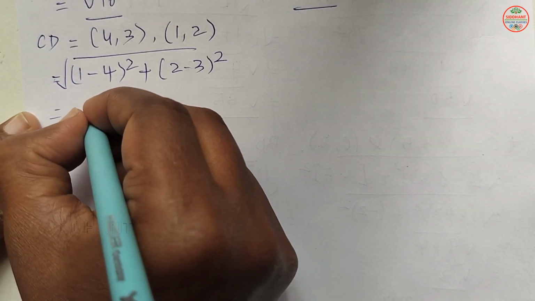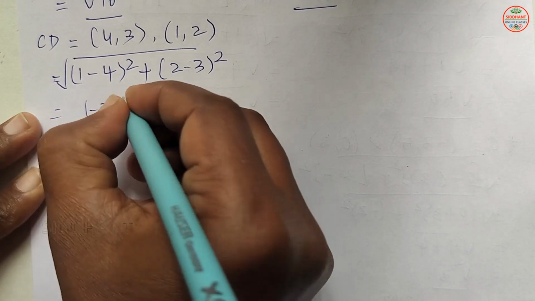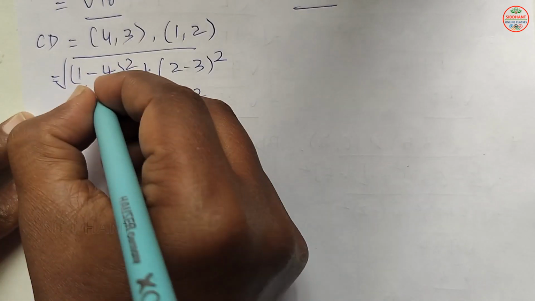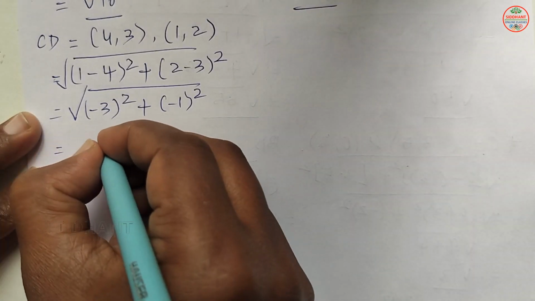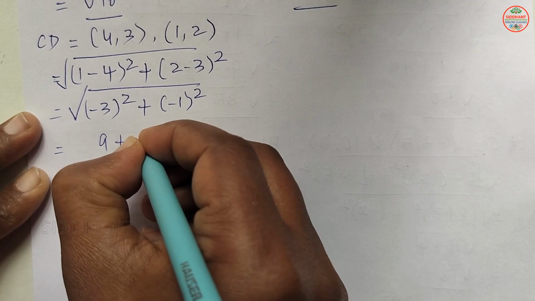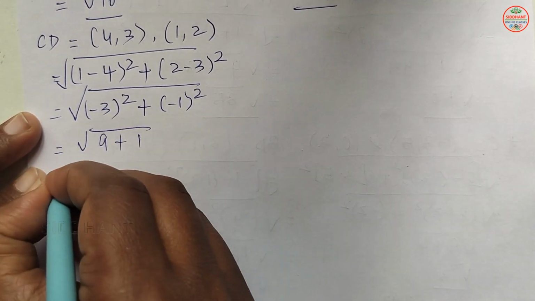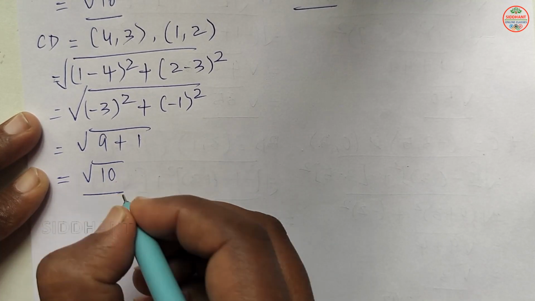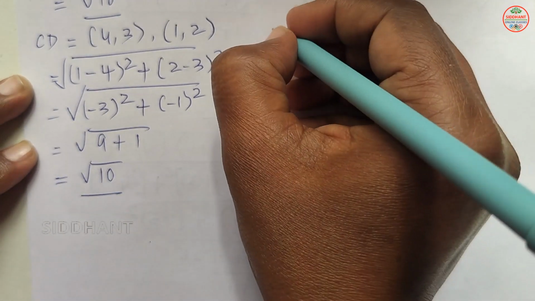So minus 3 whole square plus minus 1 whole square. So 3 square will be 9, 1 square will be 1, that will be 9 plus 1, 10. So CD is root 10.